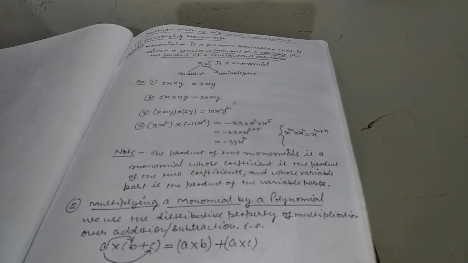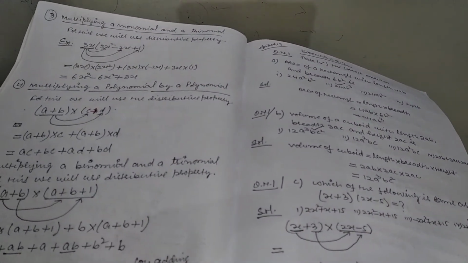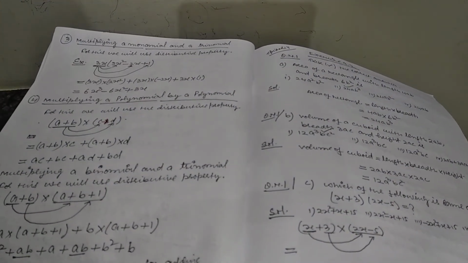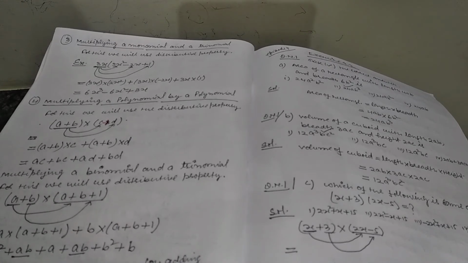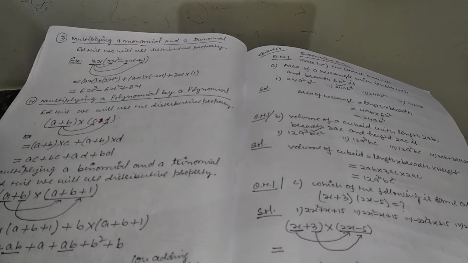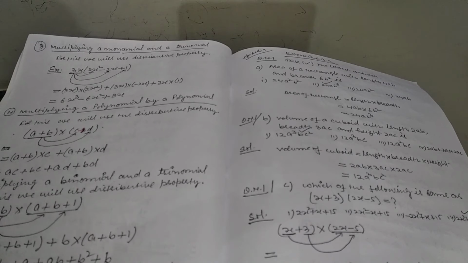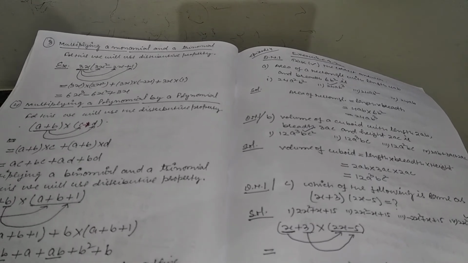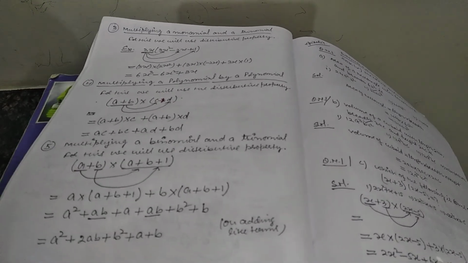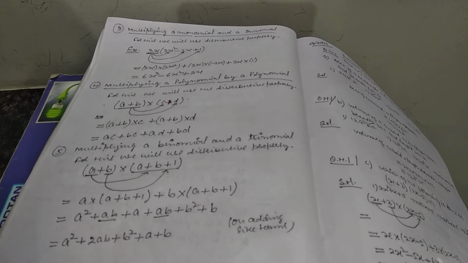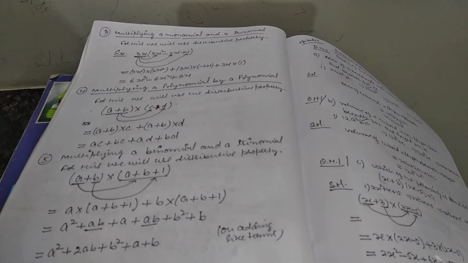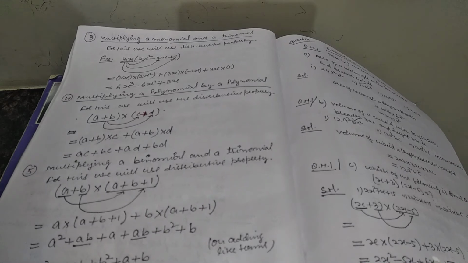So in this way we will multiply the monomials by polynomial, monomials by trinomial, and polynomial by a polynomial and binomial by a trinomial. And we have seen that only the distributive property of multiplication over the addition and subtraction will be used. So these properties will be used in solving the exercise 9.2.